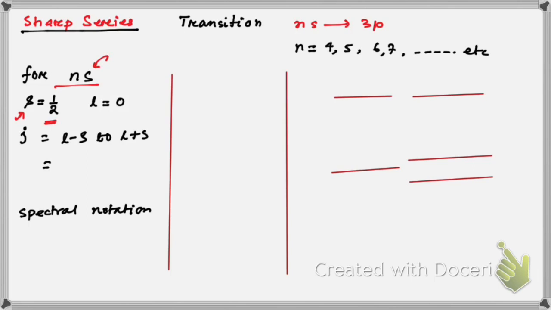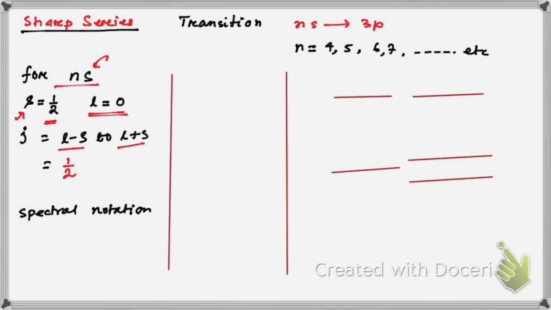For the s orbital, the value of small l is 0, and the value of j in this case will be half. It doesn't matter whether you add l minus s or l plus s, you get the same value in this particular case.